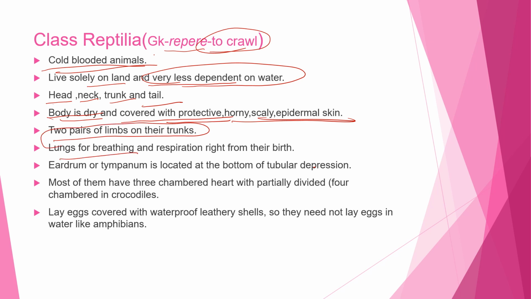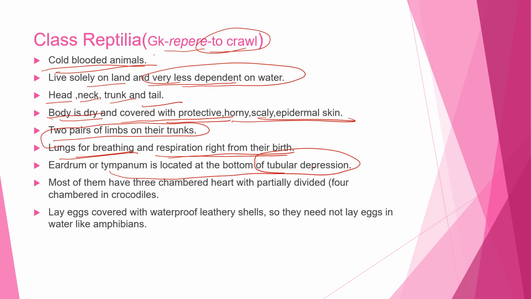Their lungs for breathing are present, and respiration is through lungs right from birth. They respire through lungs only. The eardrum or tympanum is located at the bottom of a tubular depression. So they have a tubular depression in their body, and just below that they have the tympanum or eardrum.